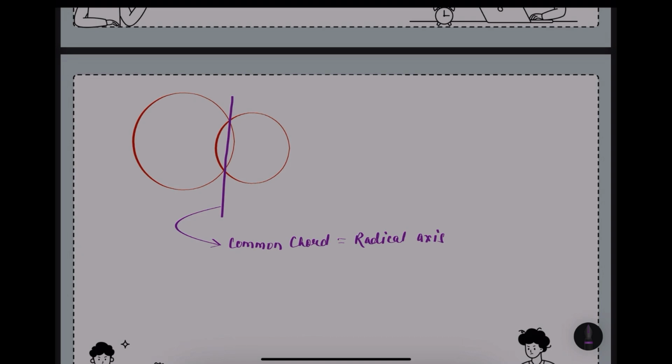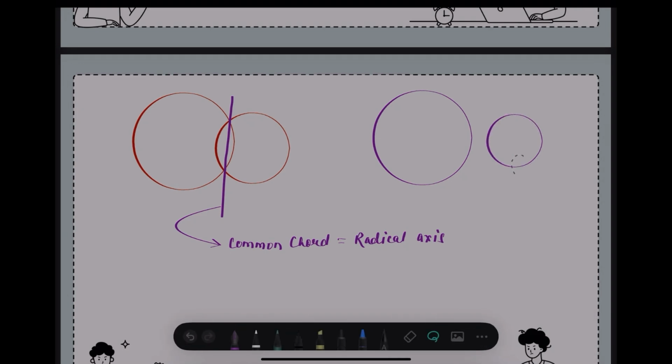Okay. Now also suppose that you have this circle and you have another baby circle. Suppose that this baby circle is touching your circle externally. So you want the common tangent. Common tangent will be like this tangent I am talking about.